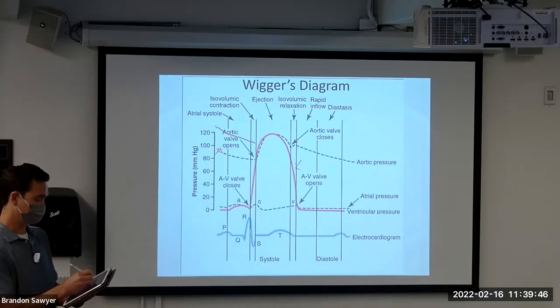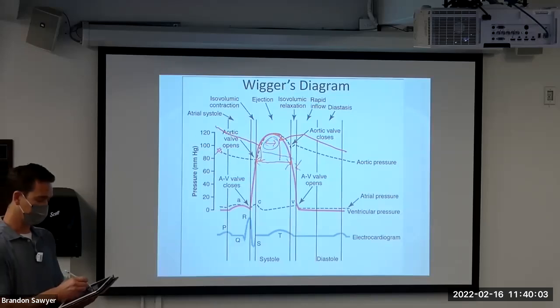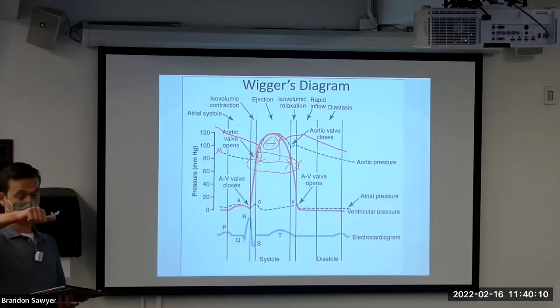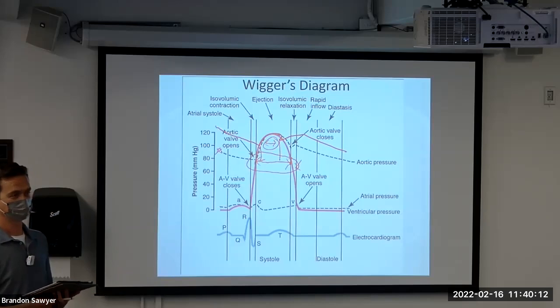If we change this line to where it's up here instead, then we change the amount of time that this is open. The amount of time this is open shrinks by quite a bit, so we'll have this amount of opening time instead of this amount of opening time. What would that do to our stroke volume? Up or down? Give me a thumb.